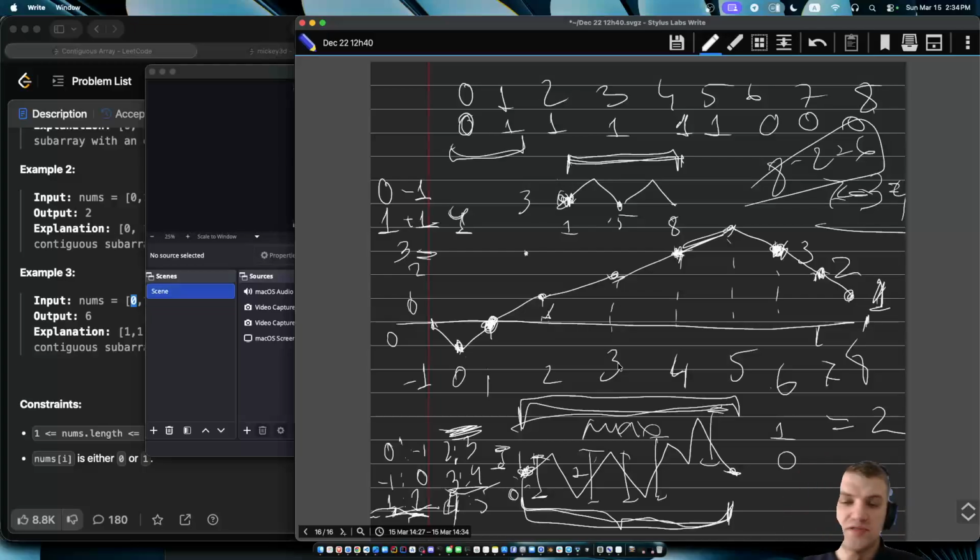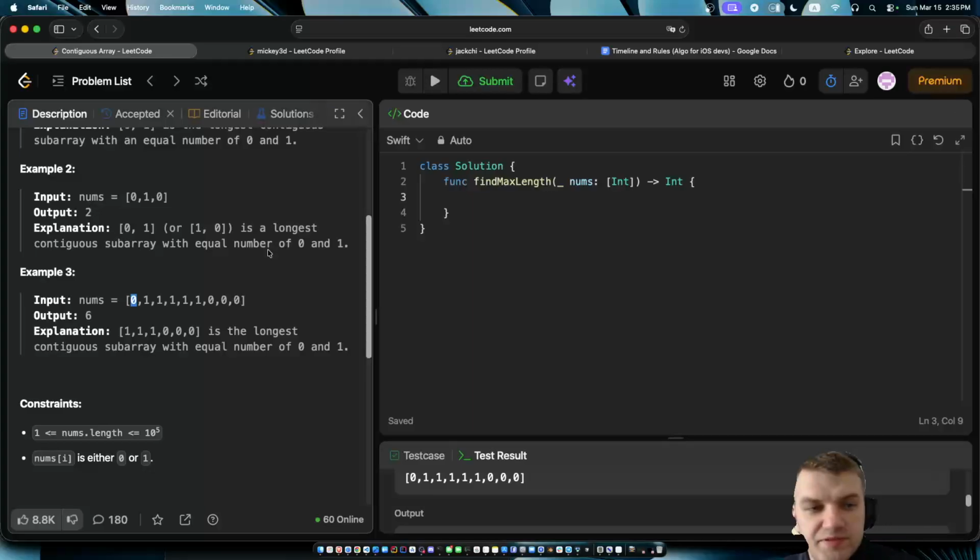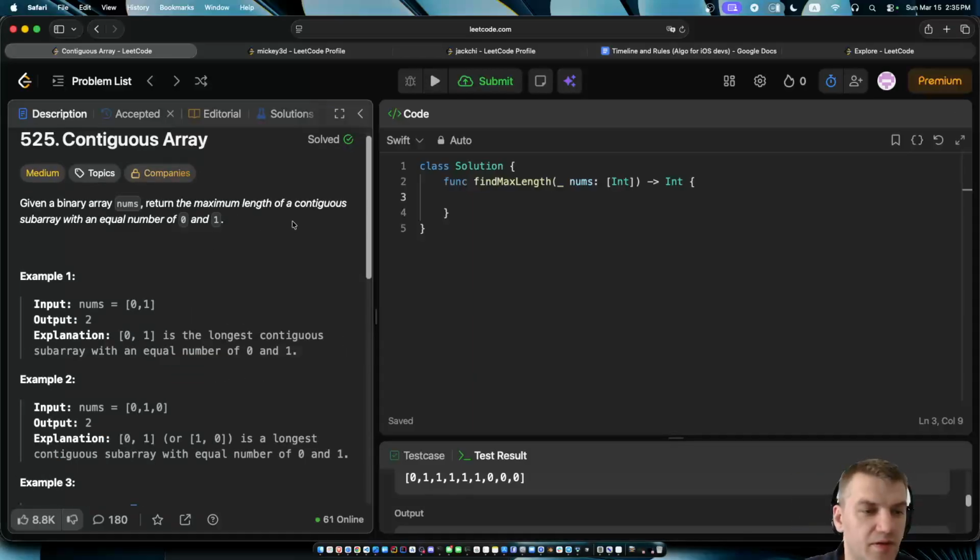If I saw this value before, that means the current number of zeros and ones cancel each other, so I come back to the same value I saw in the past. It means the number of zeros and ones in this subsequence is the same, and I should record the length and check if it's the maximum length for the subsegment.